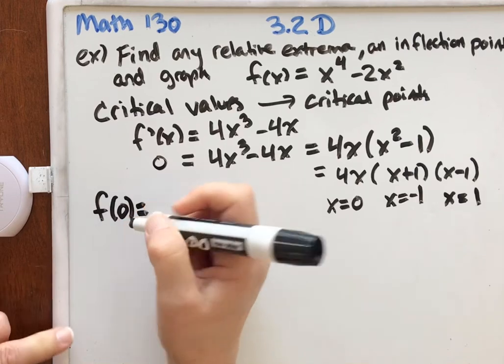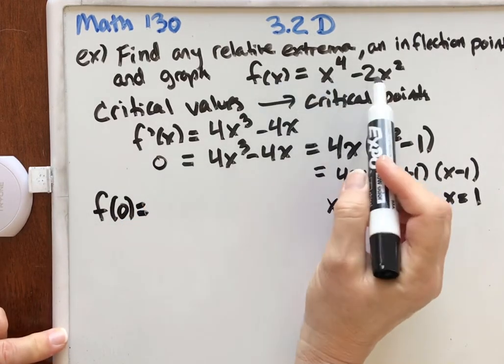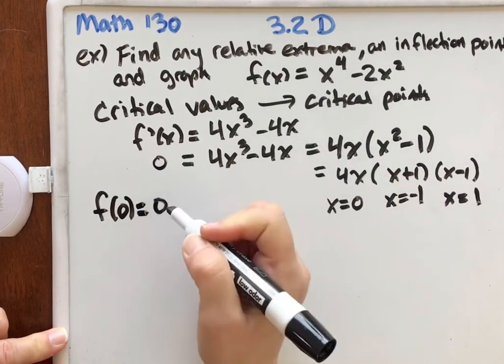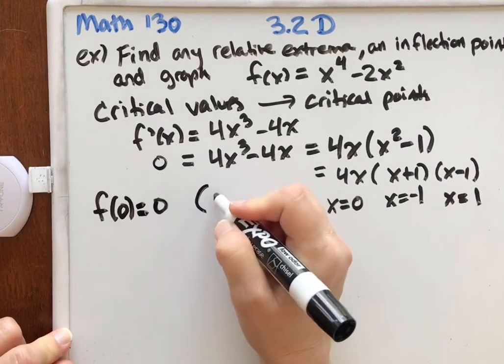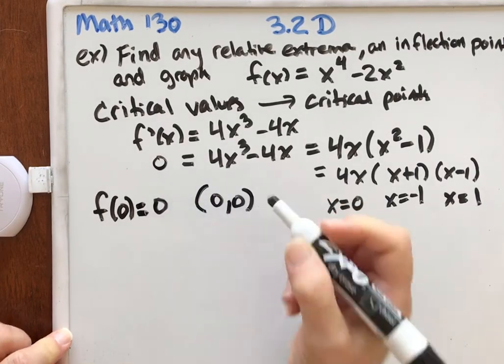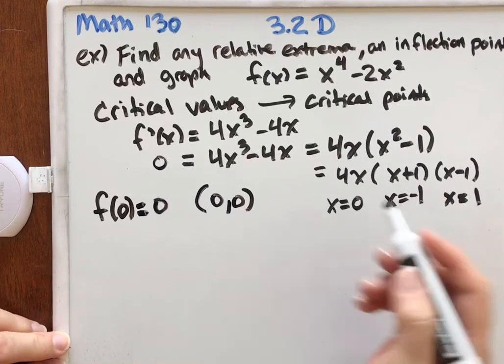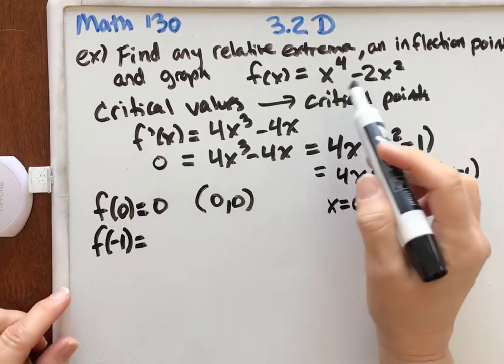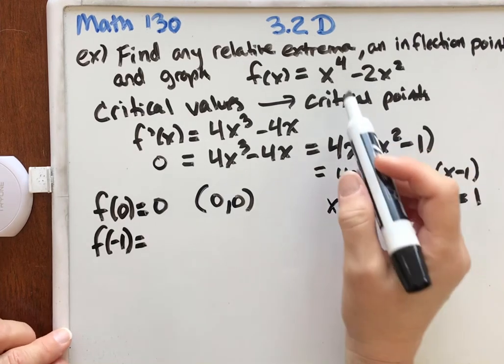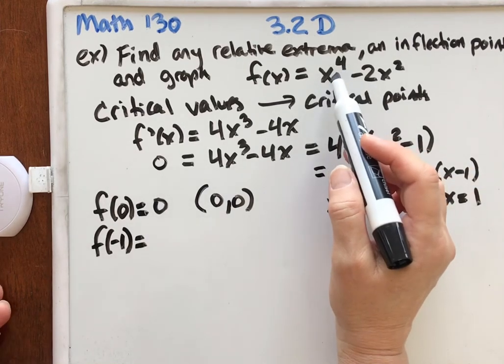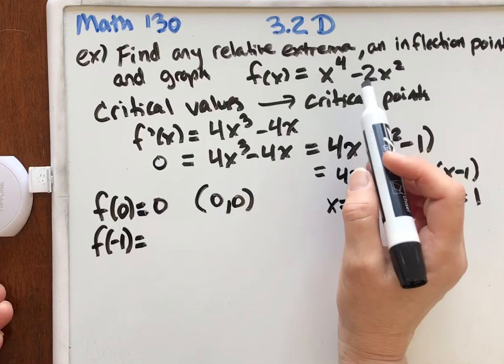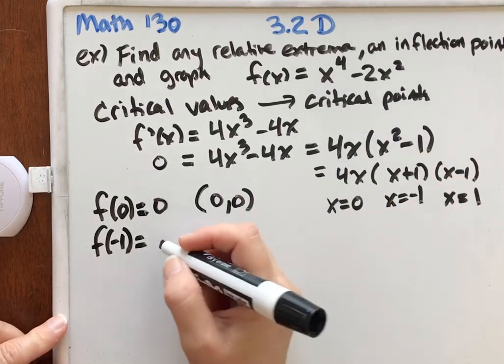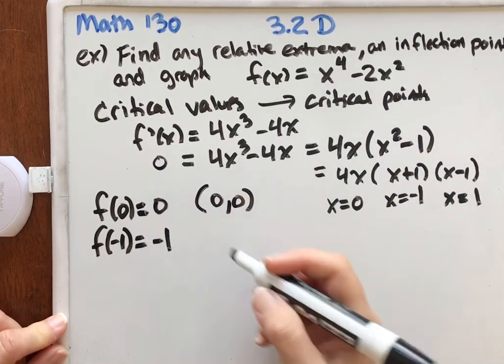F of 0. If we put in a 0 into here, we just get 0. So our critical point is going to be 0, 0. Next one, we put in a negative 1. If we put in a negative 1 into our original equation, we get negative 1 to the fourth, which just turns to a 1 here, minus 2, and that's just going to equal negative 1.